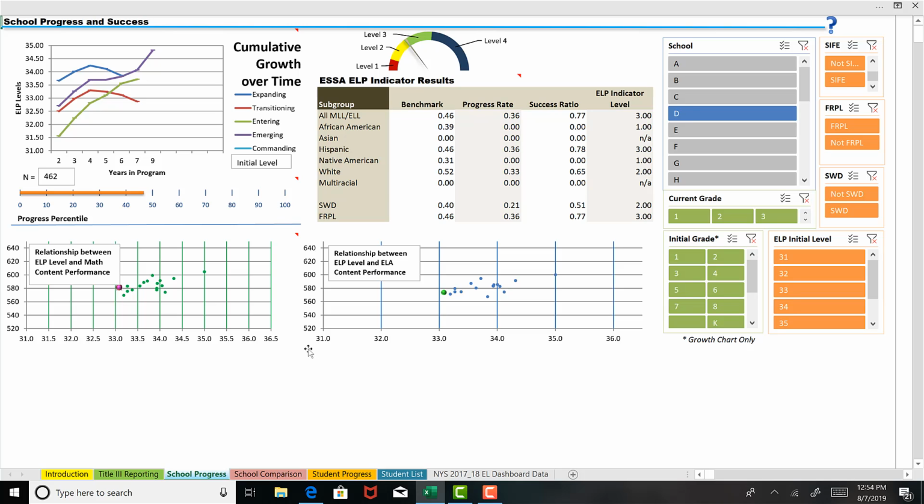Across the bottom, we have two charts that allow a district to compare schools within that district on English language performance in English language arts and mathematics, accounting for the average English language proficiency of ELs in those schools. And so the idea is to find the vertical band that a particular school falls within and compare that to the other schools in that band, and hence there would be a picture of the relative performance given English language proficiency.